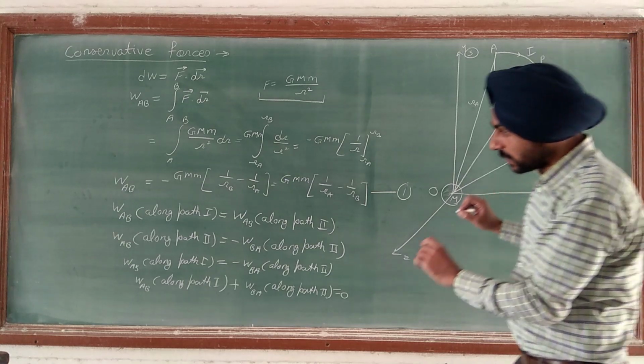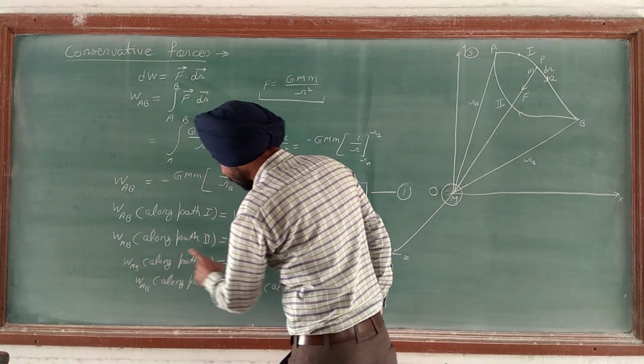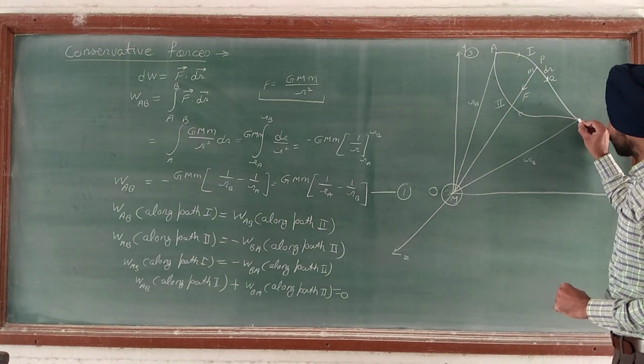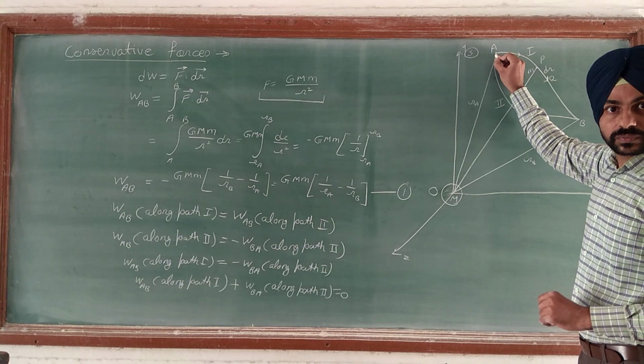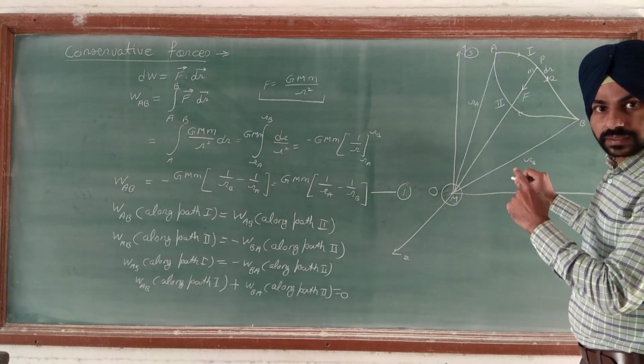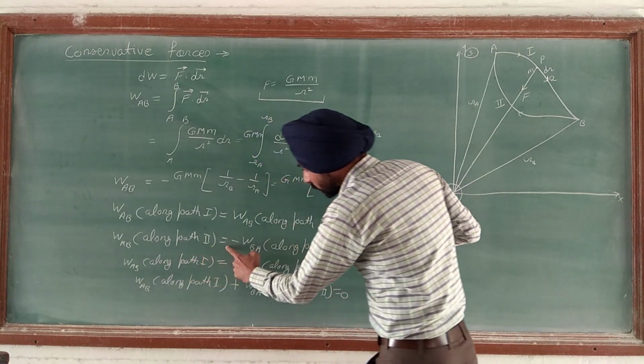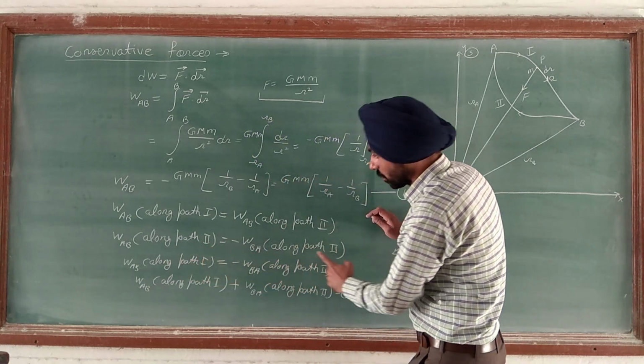Now, in the second step I write W_AB along path 2 is equal to negative of W_BA along path 2.